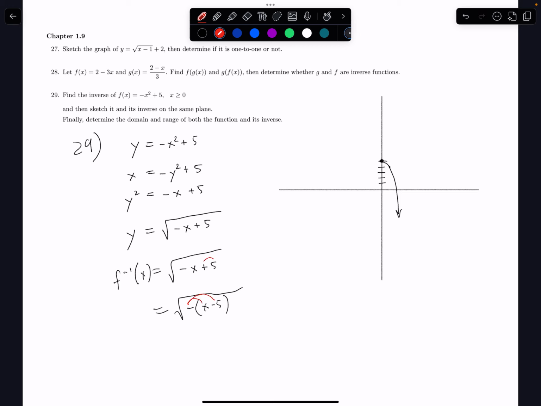Negative of negative 5 gives me the positive 5, right? Why did I do that though? Because this way I see the translation more clearly. This is a translation 5 to the right. Negative applied means it's going to be a reflection over the y-axis. So it's going to open to the left instead of to the right.